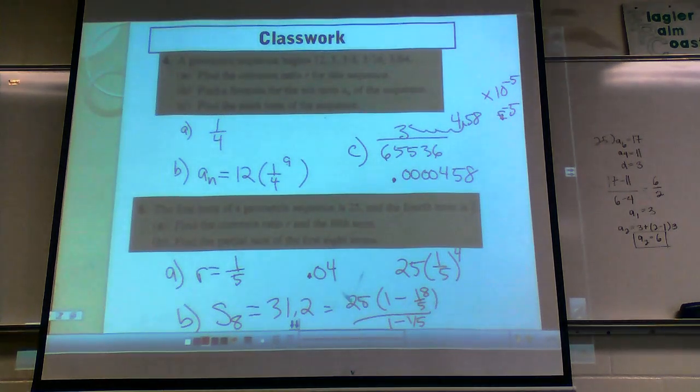What I would do is do this part first, subtract the 1 minus 1/5 to the 8, which I didn't work out, but I'm sure it's 0.9 something. And then multiply that by 25, and then divide it by 0.8, because 1 minus 1/5 is 4/5, or 0.8.